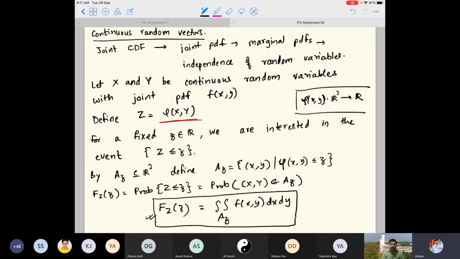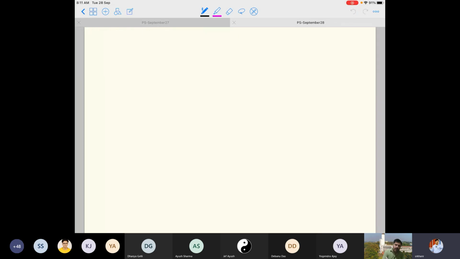Okay. In that case, we can go further and let us talk about the distribution of sums. Distribution of sum. So what I'm saying is this phi of xy is equal to x plus y. That is the transformation that I'm really looking at. So what is the set AZ?